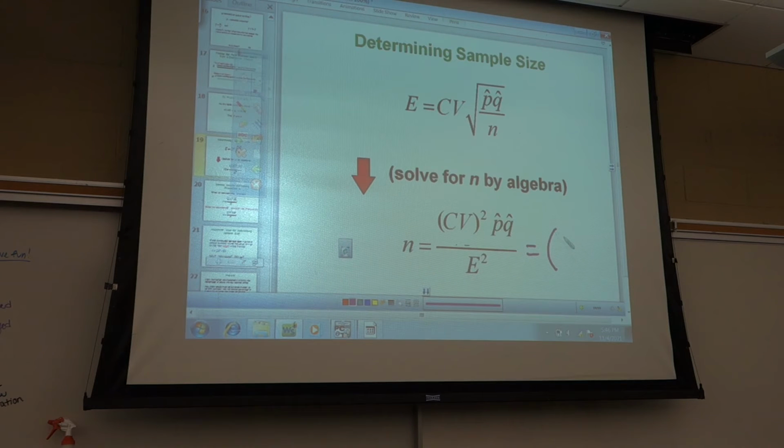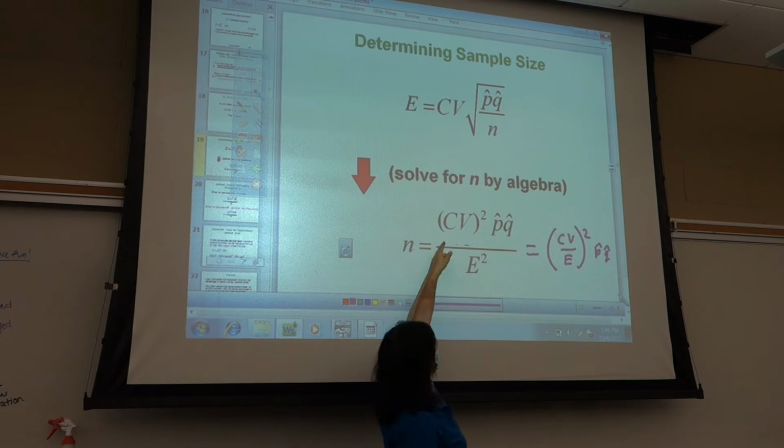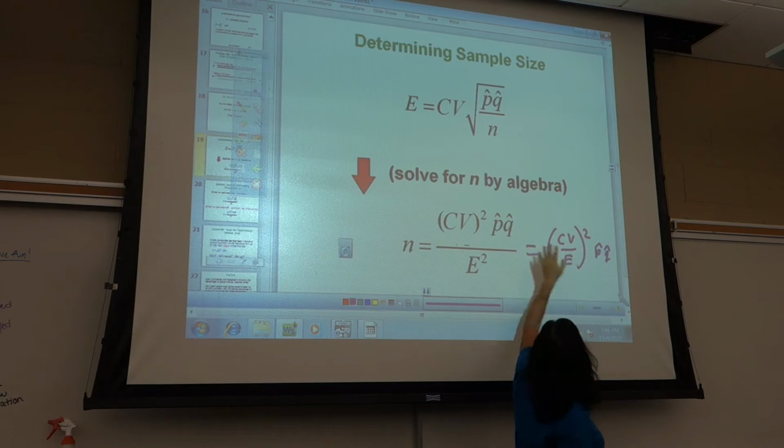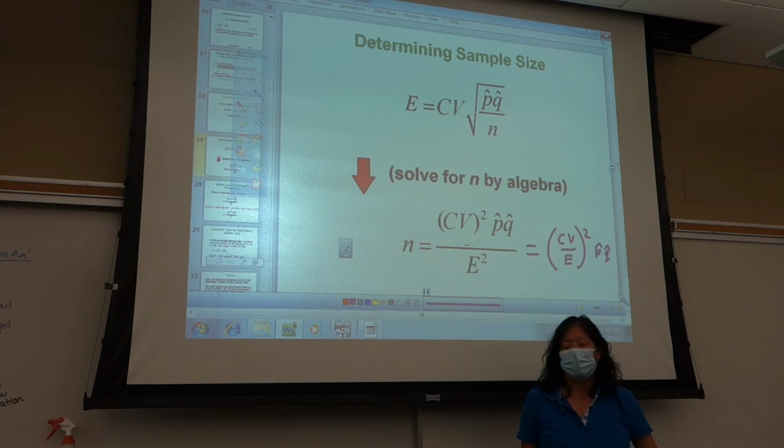It's the exact same thing. It's just we're squaring them together. We're dividing first, then squaring, instead of squaring them individually and then dividing. So your life will be a lot easier if you take the critical value, divide by e first, and then square, and then multiply by p hat, q hat.